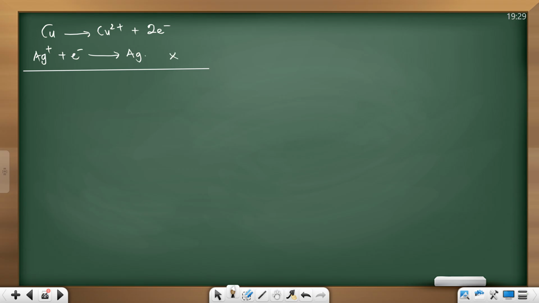Multiply Ag by 2 and multiply this by 1. So on the left we have Cu, because it's times 1, plus 2Ag+, multiplied by 2. On the right we have Cu2+ plus 2Ag. I have my 3 marks. 1 on the right, 1 on the left, because it is balanced.